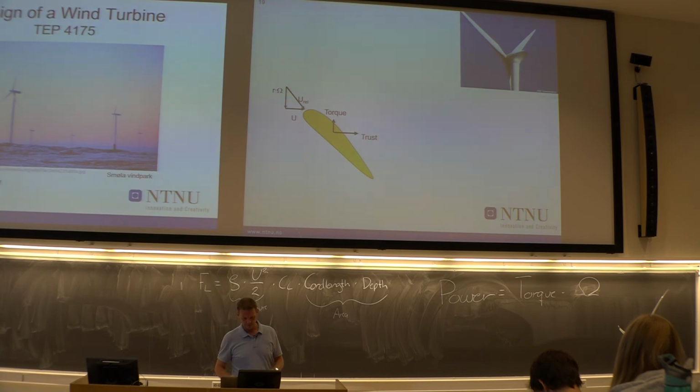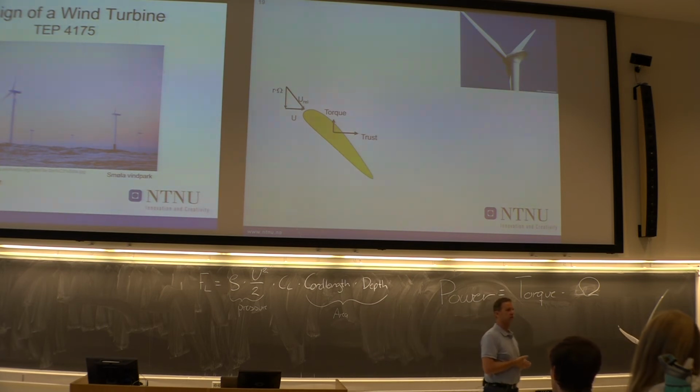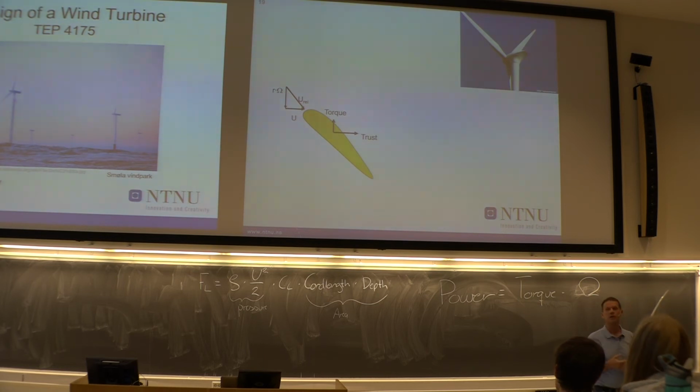So let's take a look at this velocity triangle at different radiuses of the turbine. So far I have only been speaking about the tip. But if you look at those components, the question is, will they be the same for all radiuses? No, this r times omega will be different because the radius is changing.